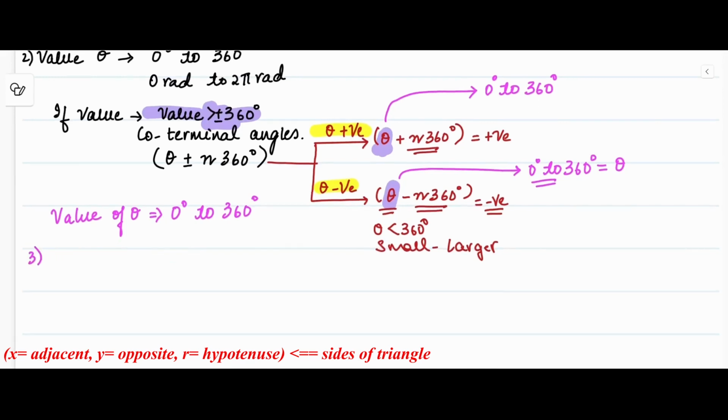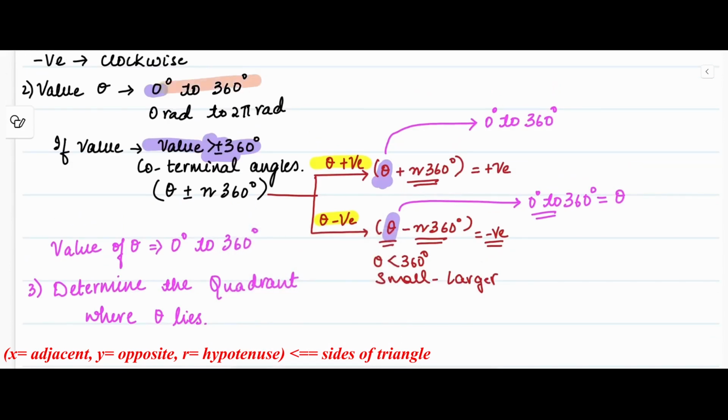If the value of theta in the given question is from 0 to 360 degrees, it is fine, and we can use the same theta value. If the value of theta is more than 360 degrees, positive or negative, we should use the value of theta which we obtained here and determine the quadrant where this theta lies.